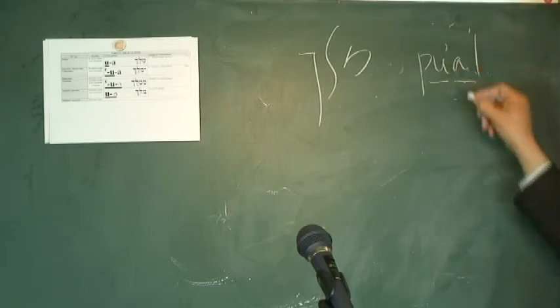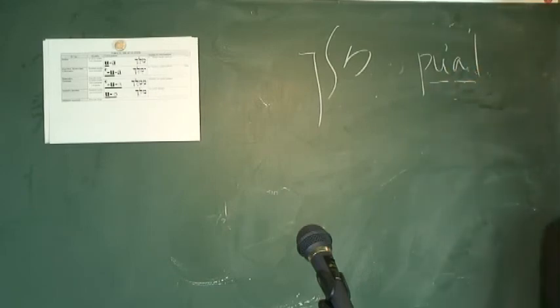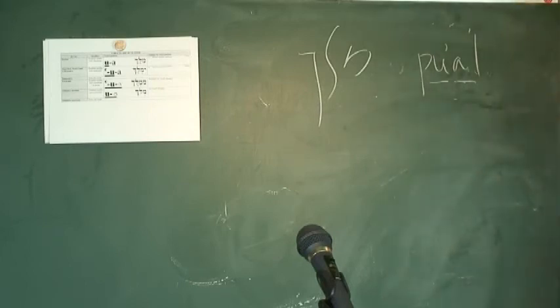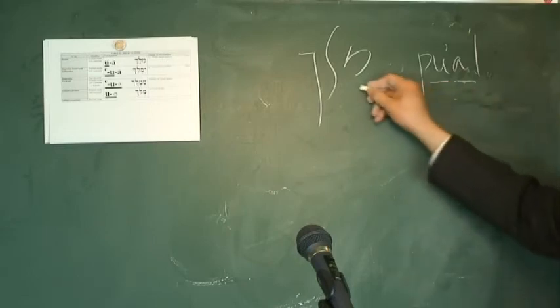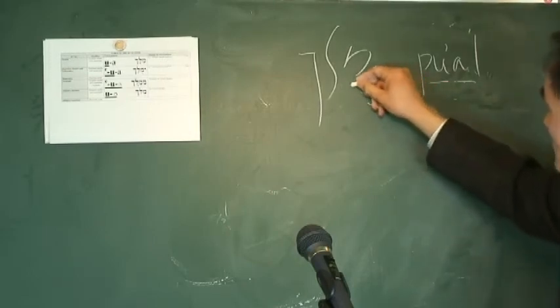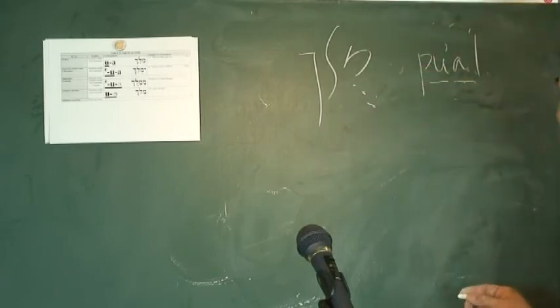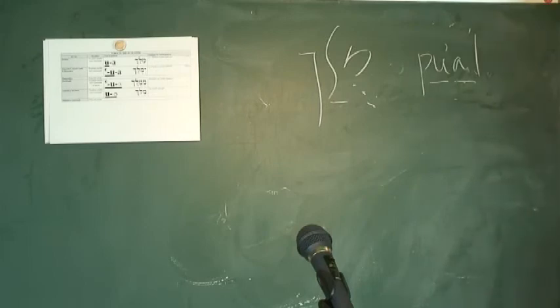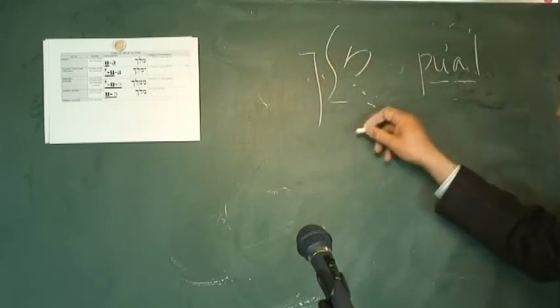We can find the perfect form through the name pual. We will find the vowels u and a in the name pual. With them, we can find the model to find the perfect form of the pual verb. U is kibbutz and a is patak.